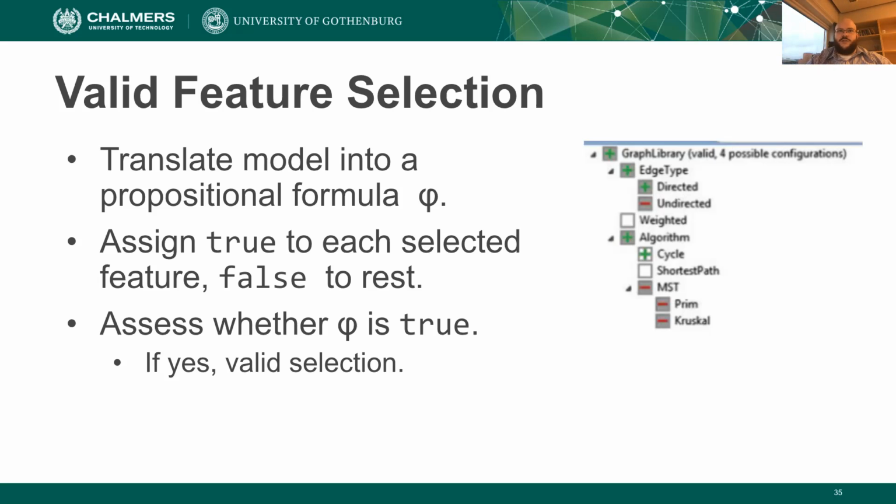If we get a false for the formula as a whole, that means this is an illegal feature combination, that we can't have that particular combination due either to how we've defined our model or due to those cross-tree constraints. Now, this operation to check if a feature selection is valid is computationally very cheap. It's linear in the size of the formula.